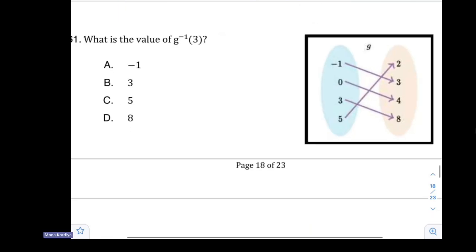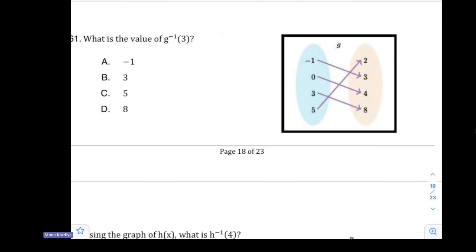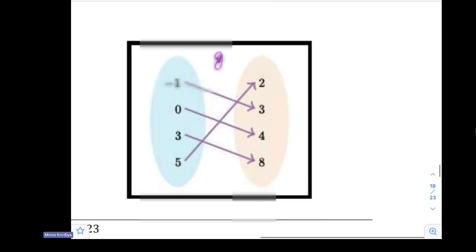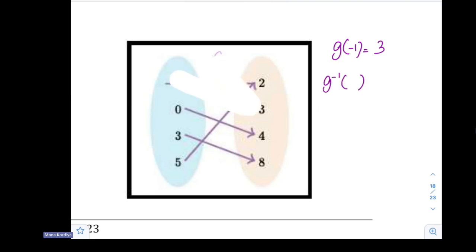What is the value of g inverse of 3? This is g. If you are asked what is g of -1, it's the image of -1, which is 3. But if you are asked about g inverse of a value, that means you are asked about the inverse operation. Instead of the arrow going this way, from the domain to the range, in the inverse the arrows are reversed.